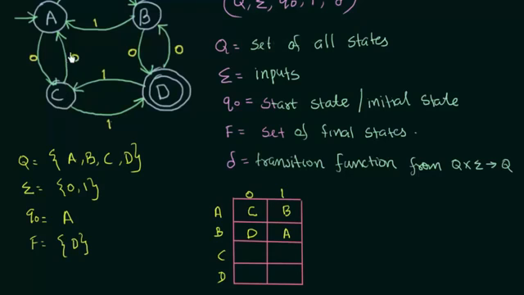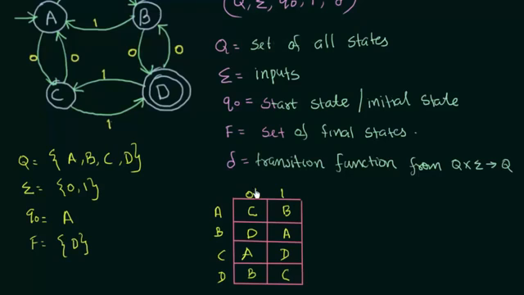It goes to state A. And if I'm in state C and get input 1, it goes to state D. If I'm in state D and I get input 0, it goes to state B. And from state D, if I get input 1, it goes to state C.